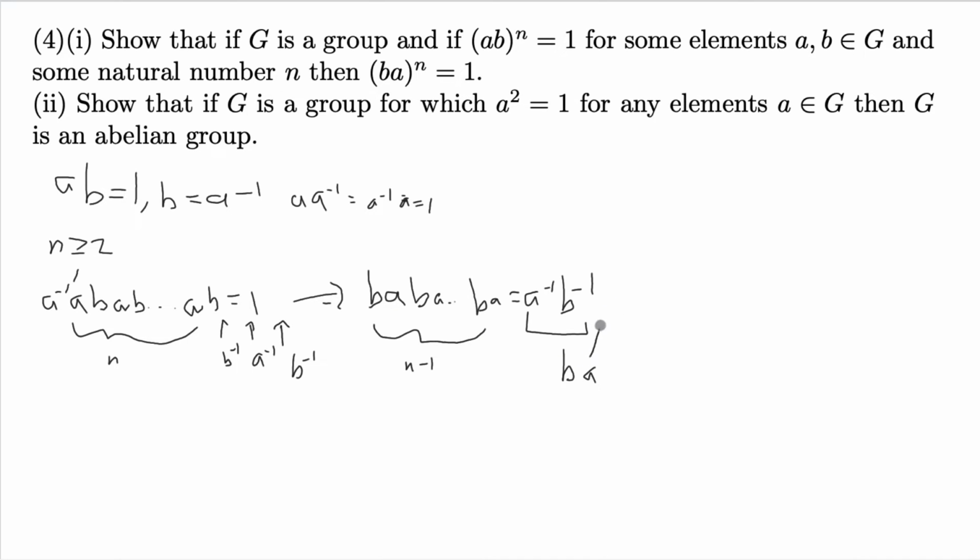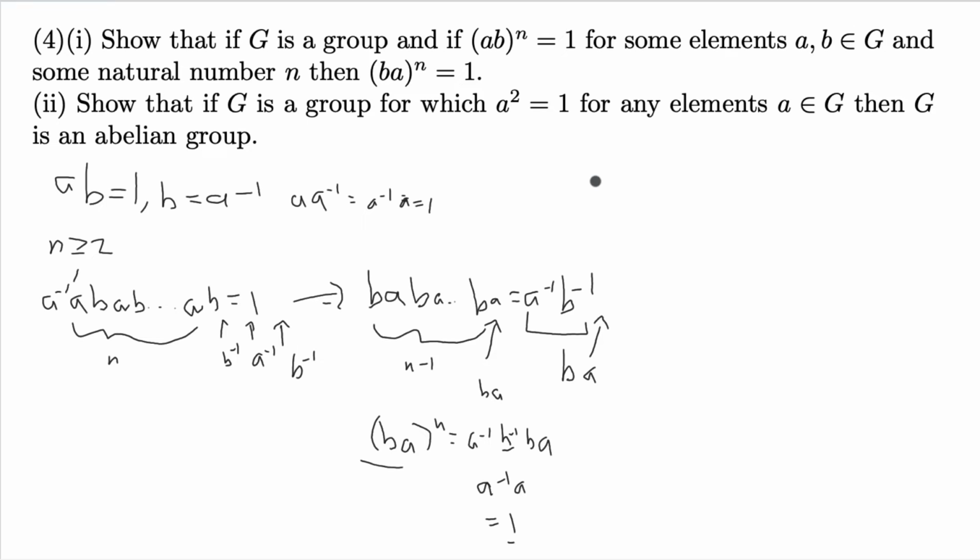So we're going to multiply by BA on the right of this term and on the right of this term, since we have to specify which side we're doing it on, since we don't know if this group is abelian or not. So then we have (BA) n minus 1 times another BA, so this is going to be (BA) to the n, which is equal to A inverse B inverse BA. The B inverse B in the middle becomes the identity, so you get A inverse A, which becomes the identity again, which is equal to 1. So you have (BA)^n is equal to 1. Perfecto.